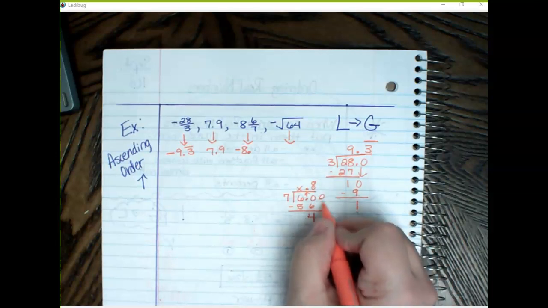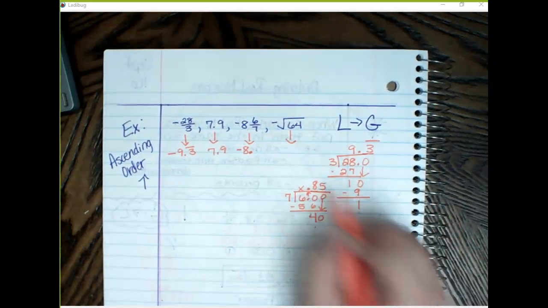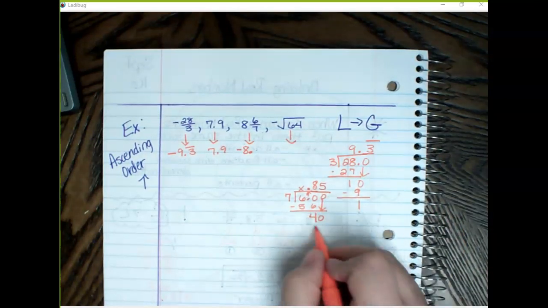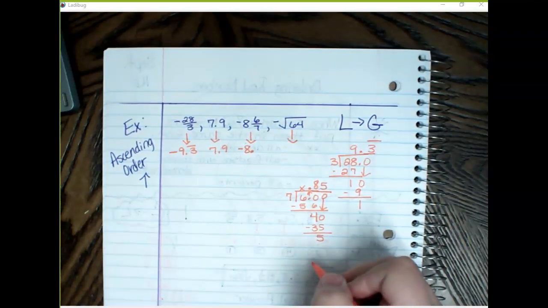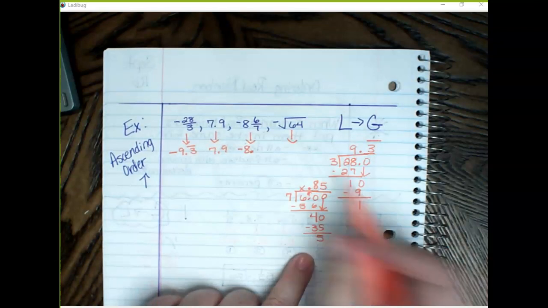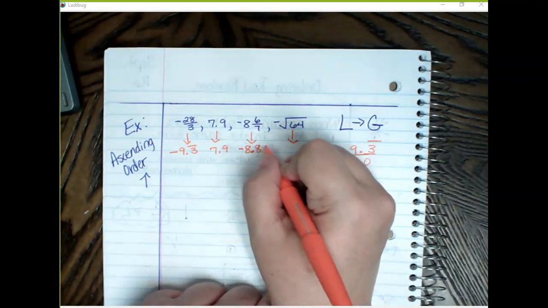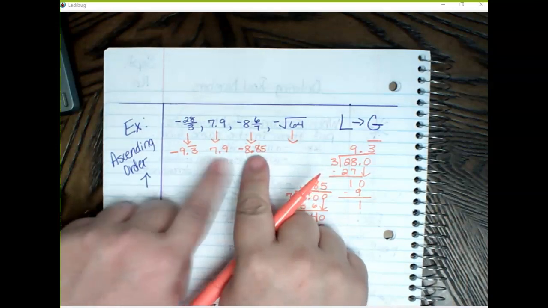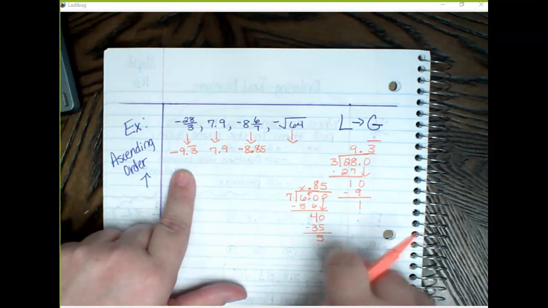Well, let's see if we can go again. Bring another 0. 7 goes into 40. 5 times. 7 times 5 is 35. Remainder 5. Now, if I just went ahead and stopped here, if I said negative 8.85, is that enough information that I can kind of see where it's going to go? Do I need to keep dividing it out?